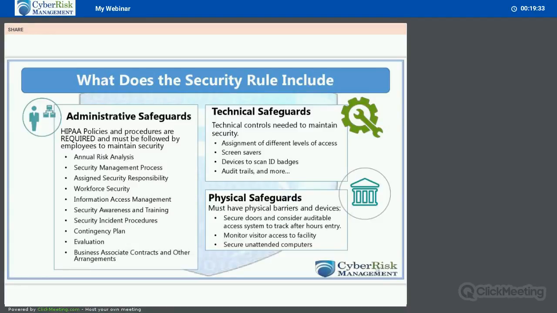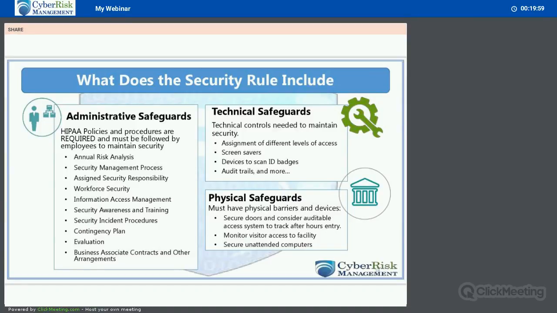You need assigned security responsibility, making sure one person is responsible for security in your organization. Workforce security, information access management plan, security awareness and training, security incident procedures. What happens if you are breached? What is your plan? What do you do to make sure that the damage is the least it can possibly be?